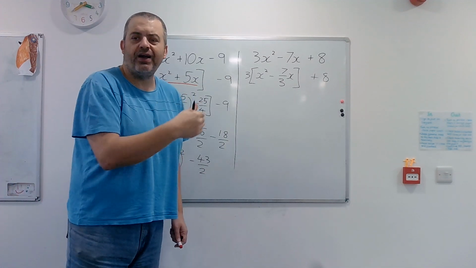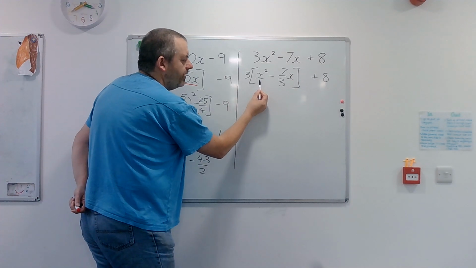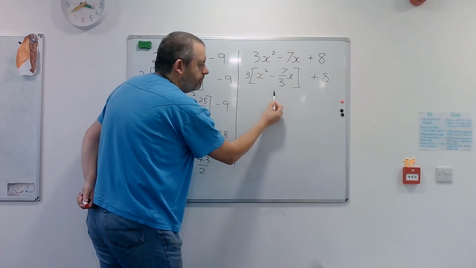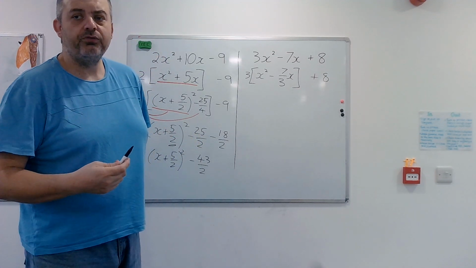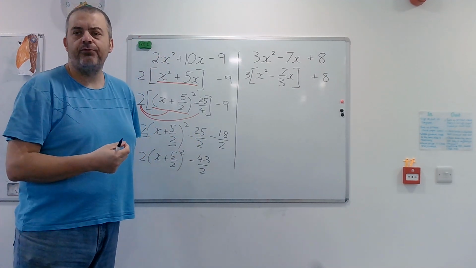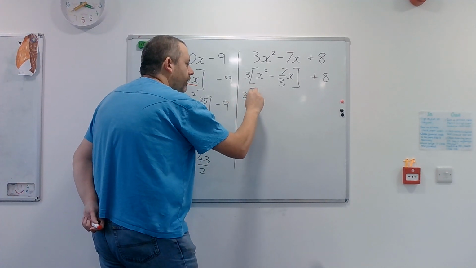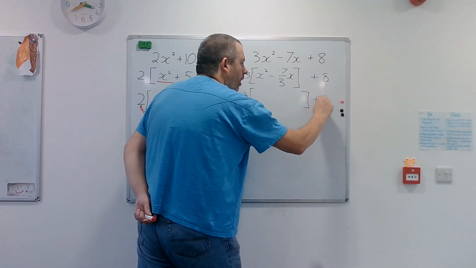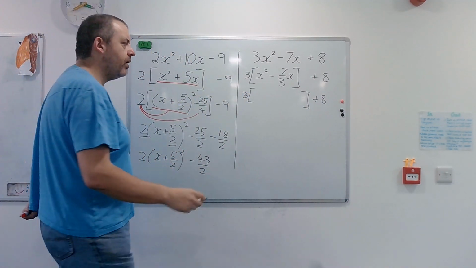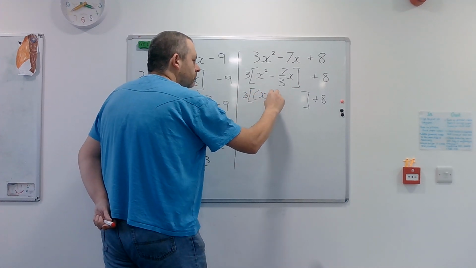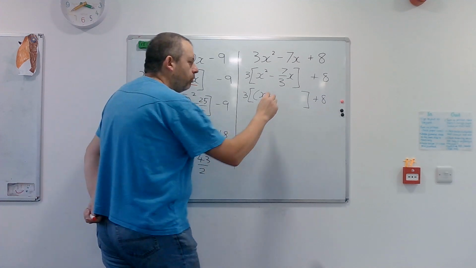Because don't forget, factorising is the opposite of expanding. If I expanded this, I'd be back to my starting point. Same process as before, just slightly cleverer on the fractions. So complete the square on the inside part. Again, you halve a fraction. Best way of halving a fraction is to double the bottom.